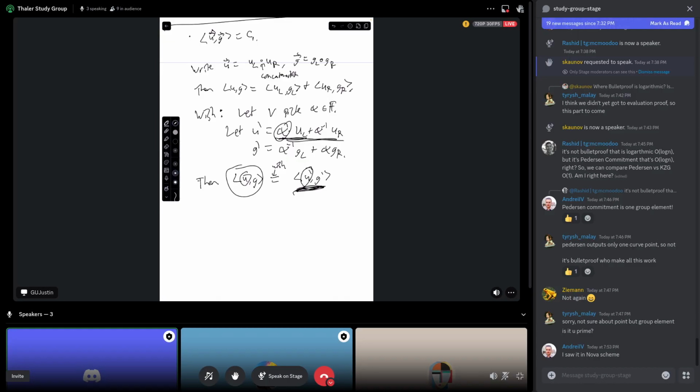Now, of course, the verifier doesn't know U, so it doesn't know U prime, but it does know G, so it does know G prime. That's the same situation we started in, where the verifier does not know U. That's what the prover is proving it knows, but the verifier did know G. We're in exactly the same situation, but with vectors of half the length.